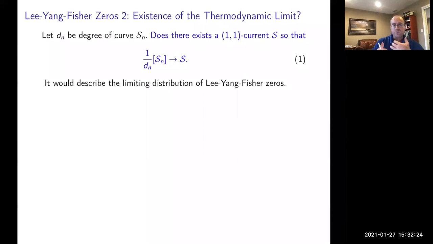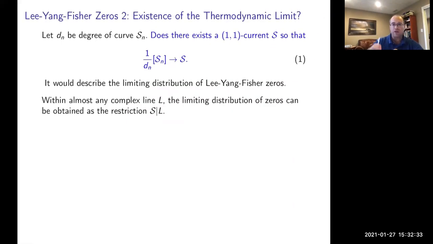And so this would describe the limiting distribution of these so-called Lee-Yang Fisher zeros. And if you restricted to almost any complex line, this would describe the limiting distribution of slices by that complex line. So it's some sort of, as Misha likes to say, it organizes the zeros into some object, this current.